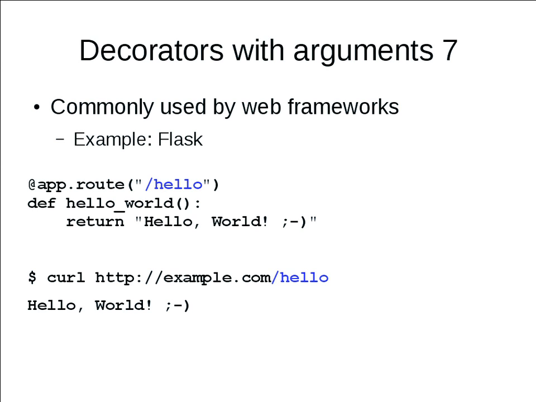Then the decorator registers this as an app route with the endpoint of slash hello. As far as I know, this is not a wrapping decorator. This is one of those decorators that keeps track and updates data structures somewhere else. So Flask is registering that slash hello wants to call this function. So this is a nice real example of a decorator with arguments.